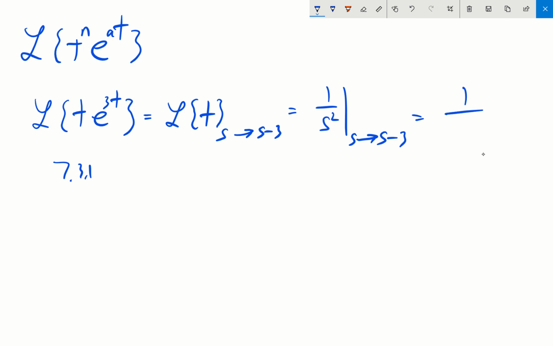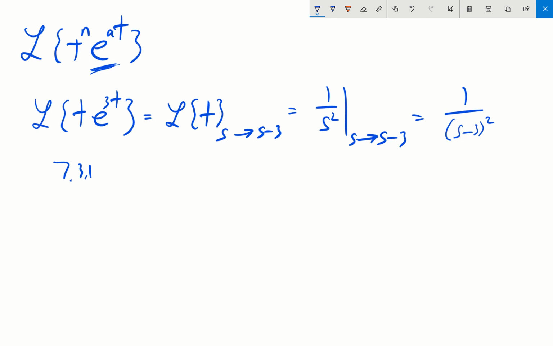So it's 1 divided by (s minus 3) squared. So, be on the lookout. Just recall that when our function f of t is a special function, in particular an exponential, those are typically done using shift operators. You don't necessarily have to use the new theorem. But if we do it another way, let's see how it would look.